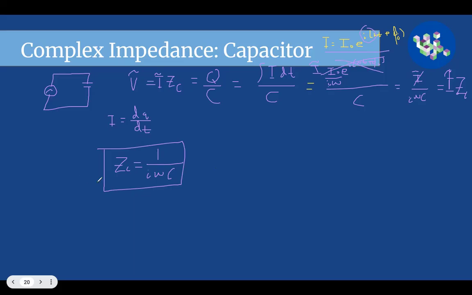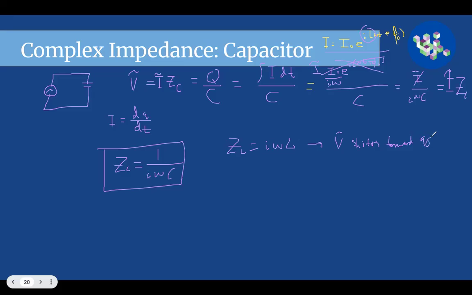And let's look at the phase shift due to this. Now, remember before, when I had an inductor, Z of L equals i omega L, and V is shifted forward by 90 degrees.